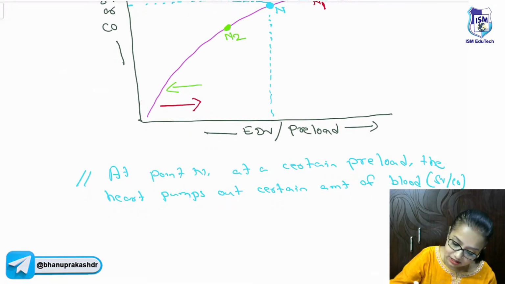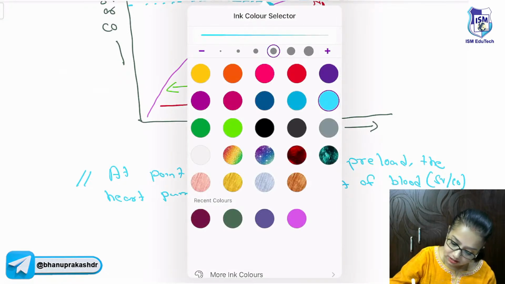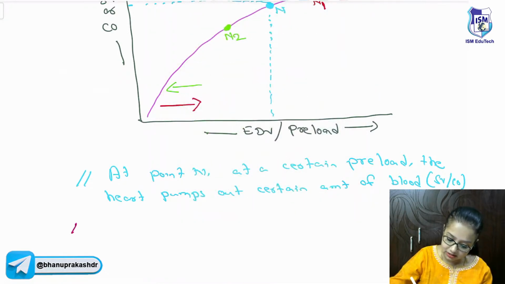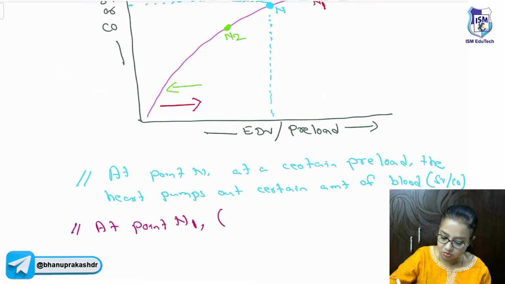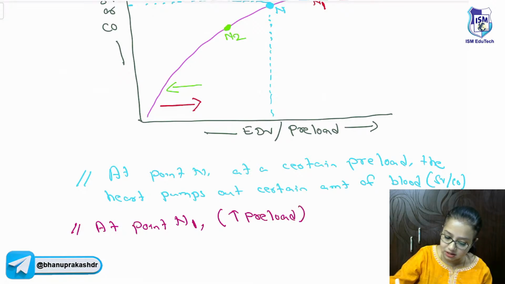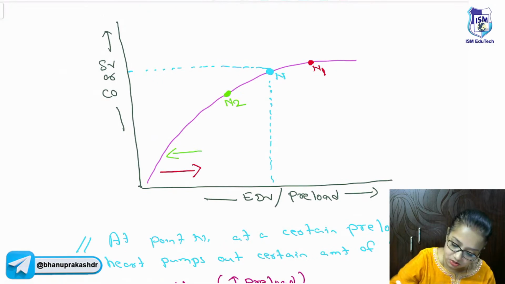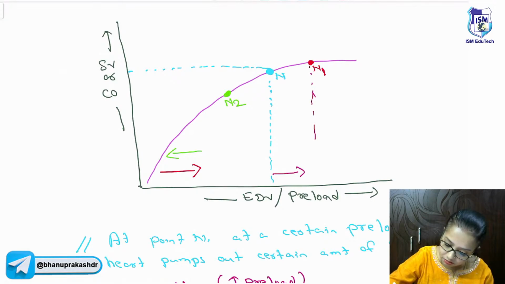Now, second case, as we have seen, at point N1, means when the heart is acting at the point N1. What is the situation? The situation here is increase in the preload. So here you see, from here the increase in the preload has happened. So if we draw this dotted line, we show the increase in the preload.